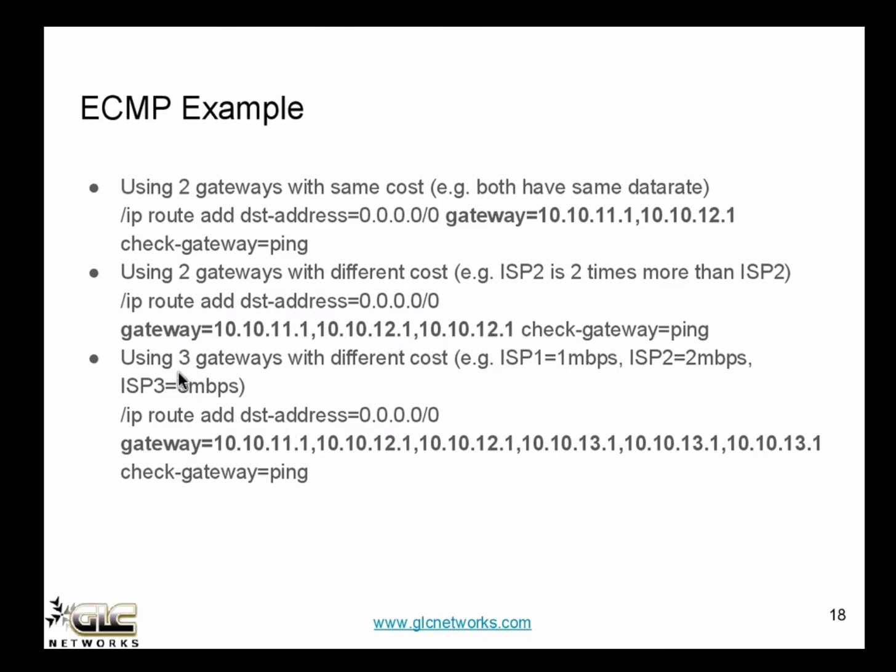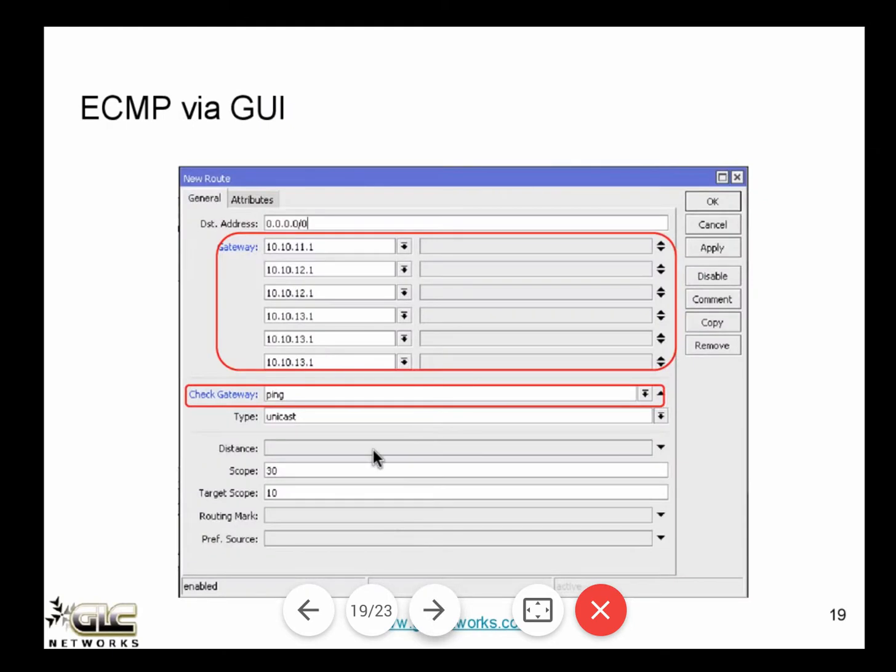What happens if we use 3 gateways with different costs? For example, ISP1 1 Mbps, ISP2 2 Mbps, ISP3 3 Mbps. We just configure the gateways based on the cost. If you set it up from the GUI, you can set it up like this: gateway 1, gateway 2 two times, gateway 3 three times.